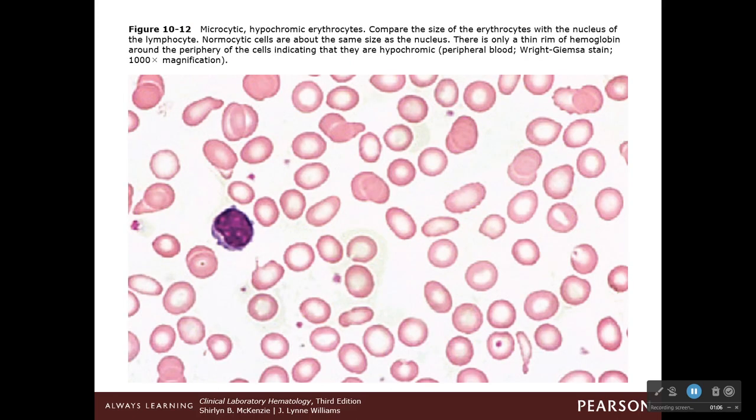This is hypochromia by far, okay? This patient probably, looking at the size of the cells and that kind of thing, may have something like thalassemia, okay? We'll talk about thalassemia later on. But these cells are hypochromic. See how washed out they look, especially like this one. See, it doesn't have hardly any hemoglobin in it, okay?